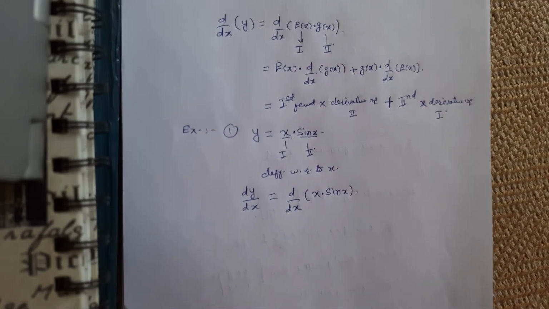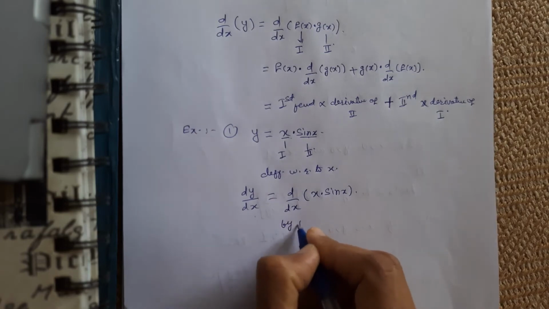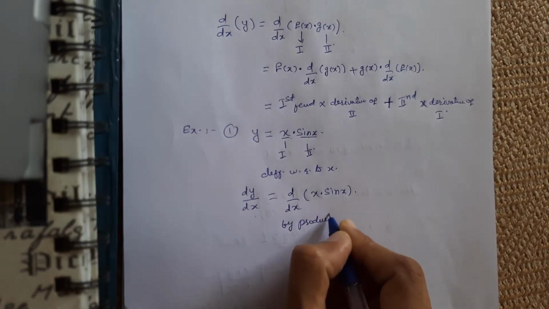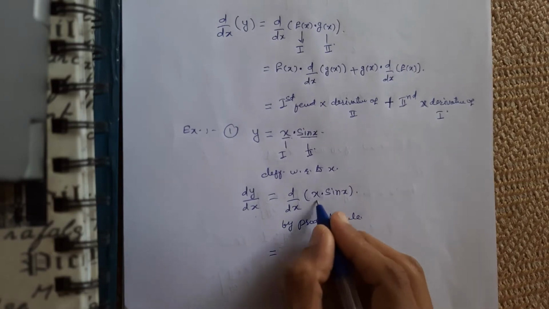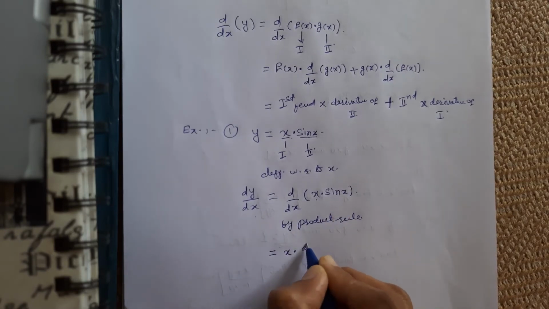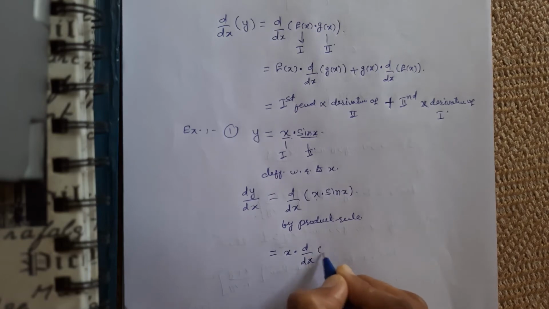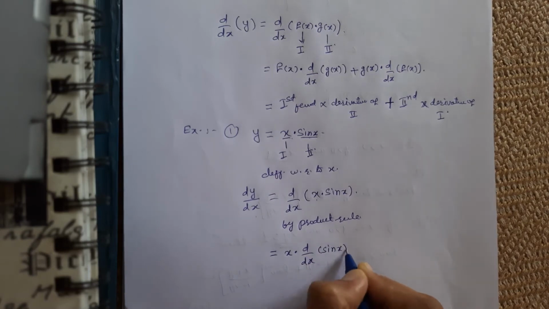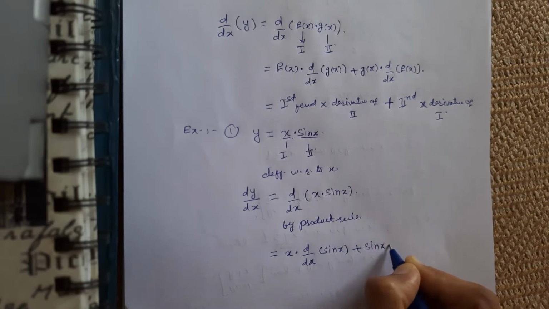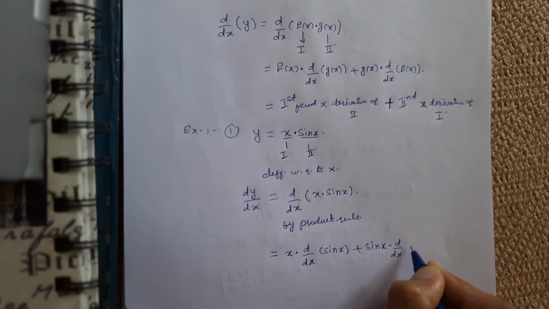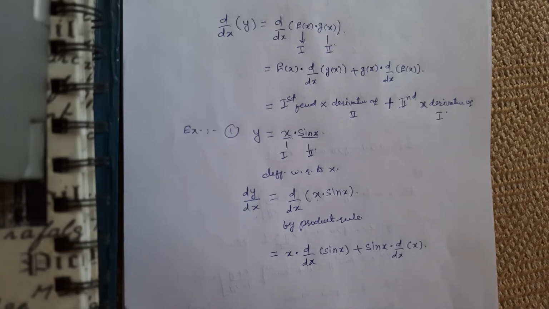Now by the product rule of derivative, I get first function multiplied by derivative of second function, plus second function multiplied by derivative of first function.